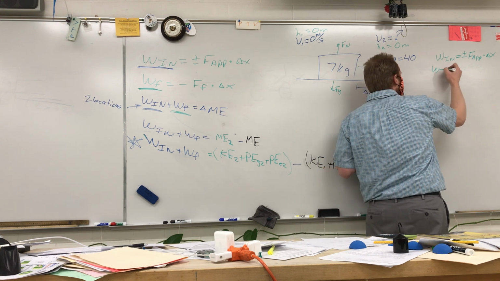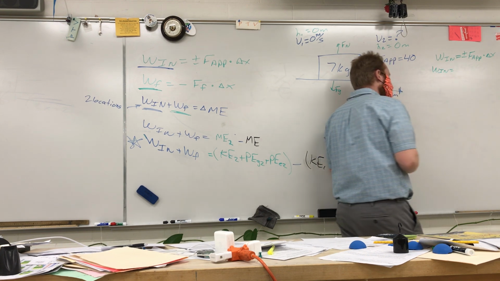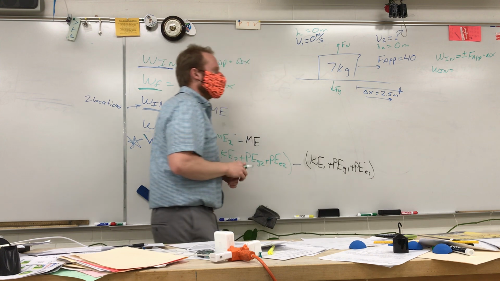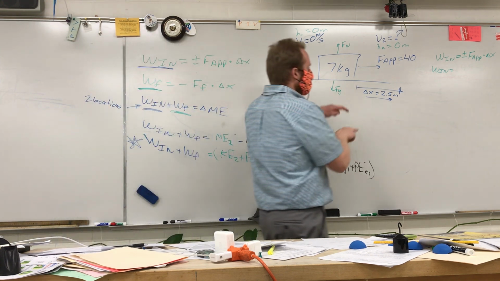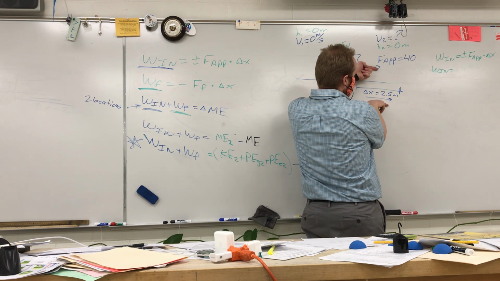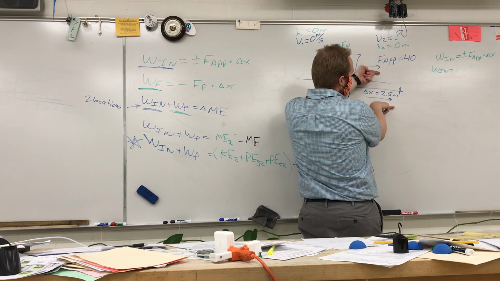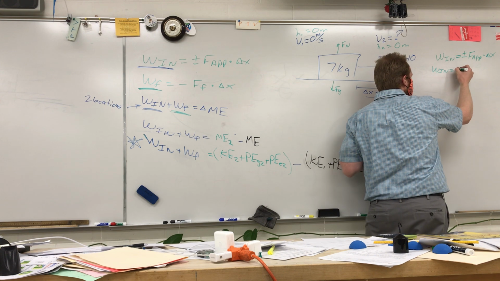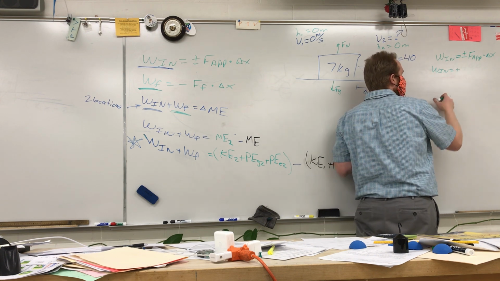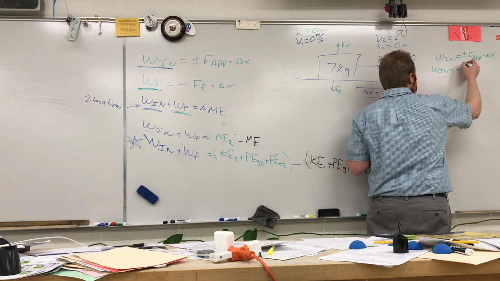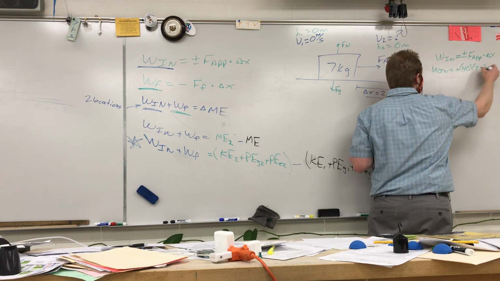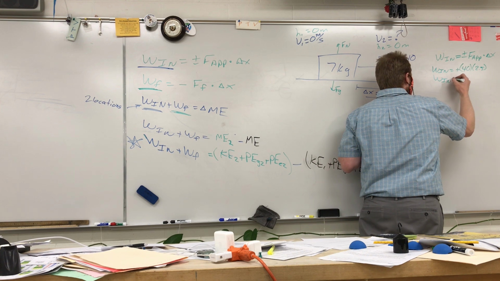So our work in is equal to plus or minus. Which one is it? Plus, because the displacement and the applied force are in the same direction. Absolutely, because they're in the same direction, it's the plus, which means we're adding energy to the system. So it's going to be the plus of 40 times 2.5.